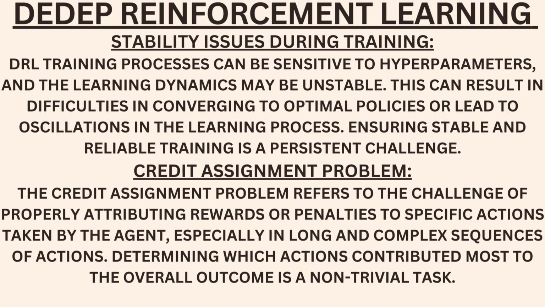Credit assignment problem. The credit assignment problem refers to the challenge of properly attributing rewards or penalties to specific actions taken by the agent, especially in long and complex sequences of actions. Determining which actions contributed most to the overall outcomes is a non-trivial task.